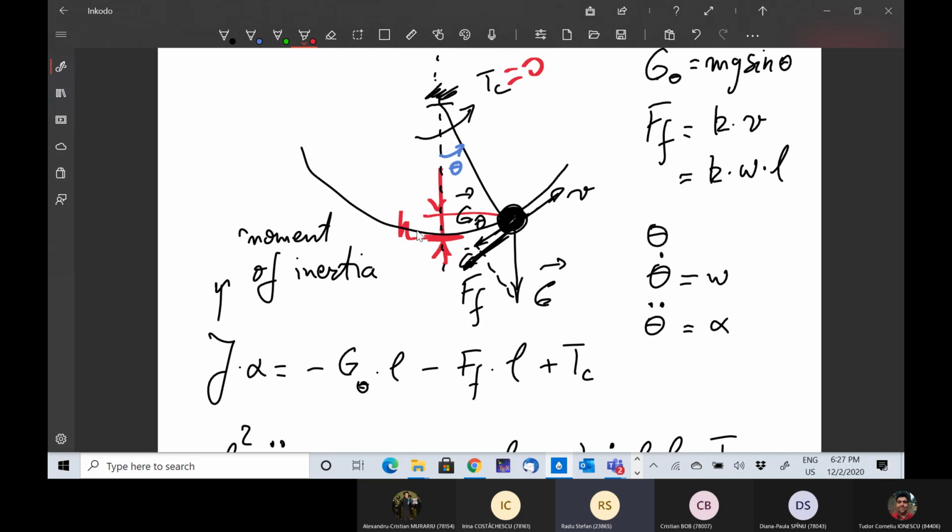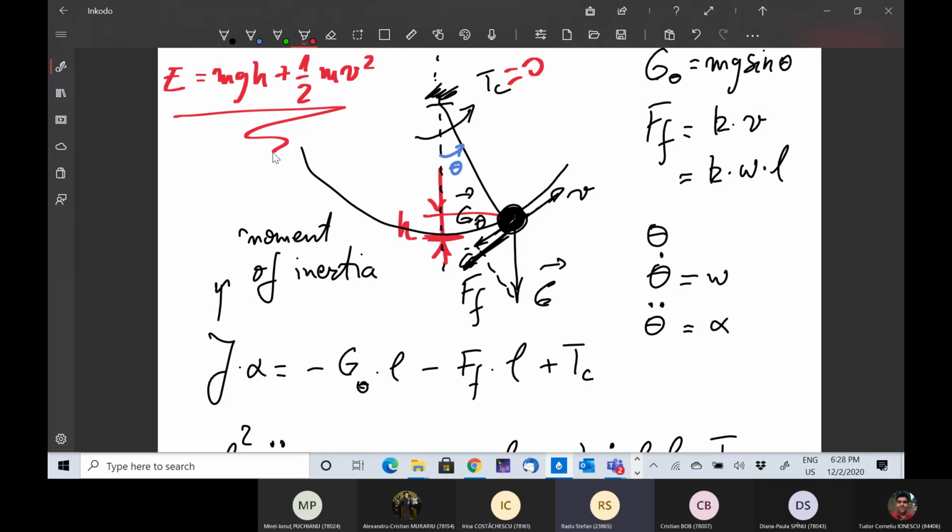What would that be? This component of the energy will be mgh. You could also push it a little bit, the direction doesn't matter. So you could also confer to it initially some kinetic energy, which is 1/2 mv squared, right? And this would be the total energy of the system. So the ball will oscillate until it will what? It will dissipate the energy into the friction.